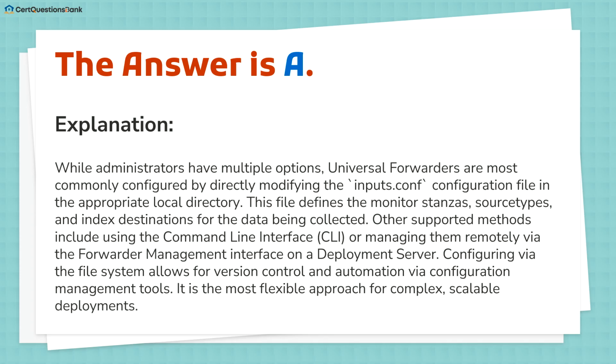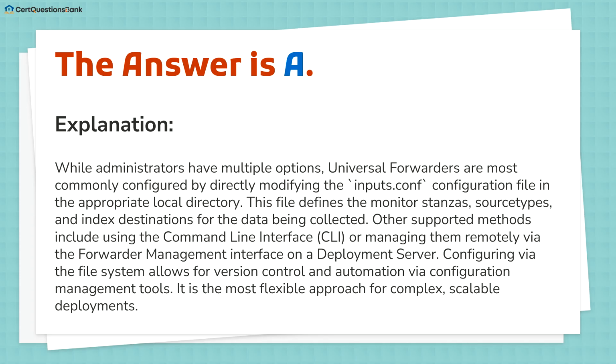While administrators have multiple options, universal forwarders are most commonly configured by directly modifying the inputs.conf configuration file in the appropriate local directory. This file defines the monitor stanzas, source types, and index destinations for the data being collected.